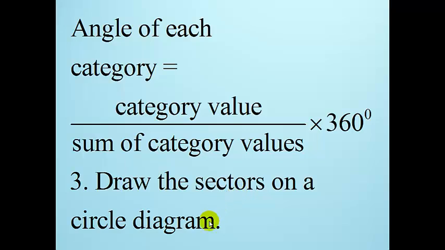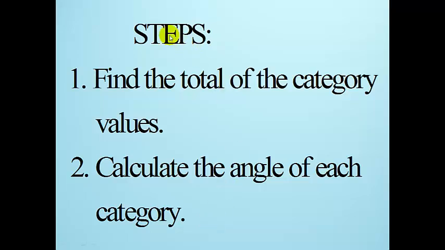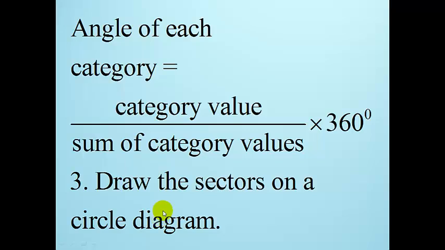Now let's go through the steps again. Step number 1. Find the total of the category values. Step number 2. You calculate the angle of each category. And how do you calculate the angle of each category? The angle of each category is equal to the category value divided by the sum of category values times 360 degrees.